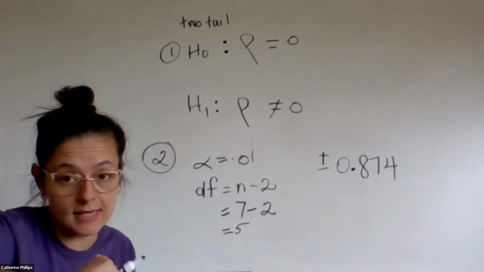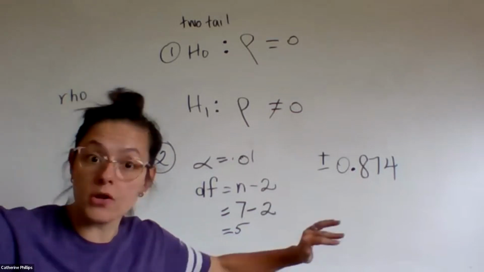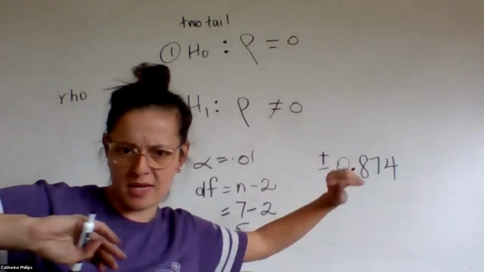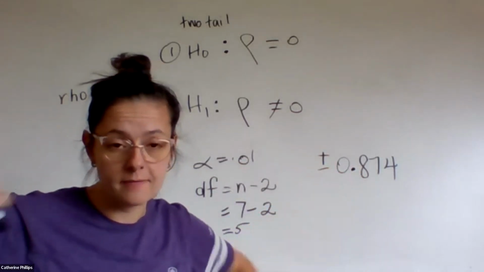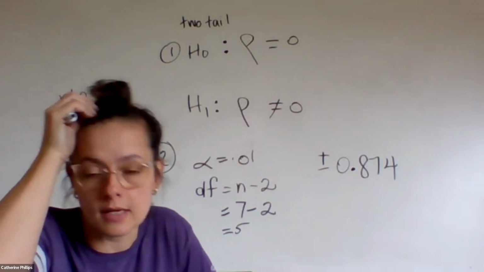What that means is if the number that we calculate is more extreme than 0.874, either bigger or smaller, right? Then we're going to reject the null hypothesis and accept the alternate.